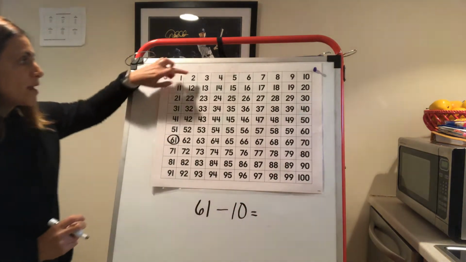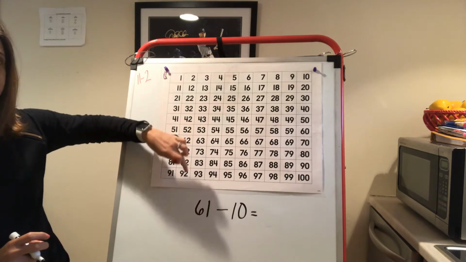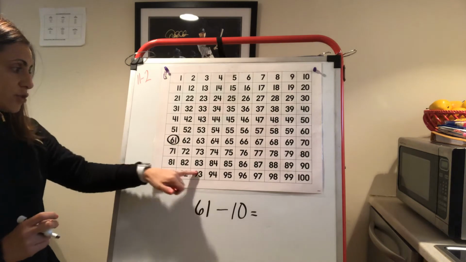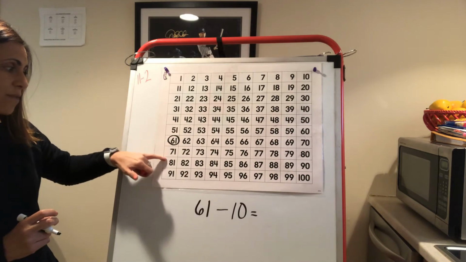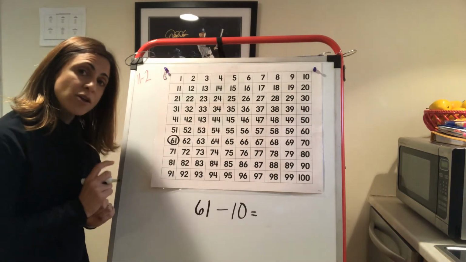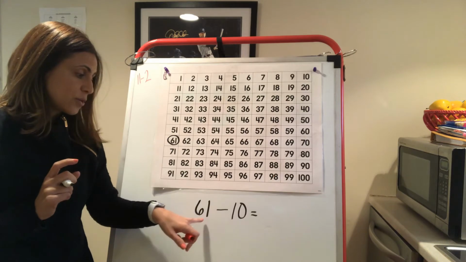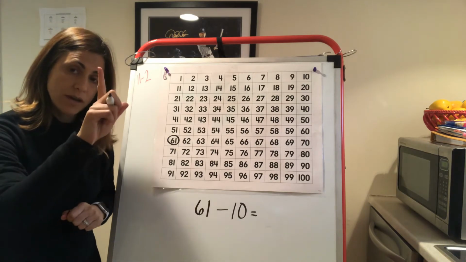Now remember, when we go down the column, it's like you're skipping by groups of 10. Well, now we are subtracting, so we are not going to go down the column, we're actually going to go up. Now when I go up, notice that the number is getting smaller. The groups of 10 is going to go down one group of 10.